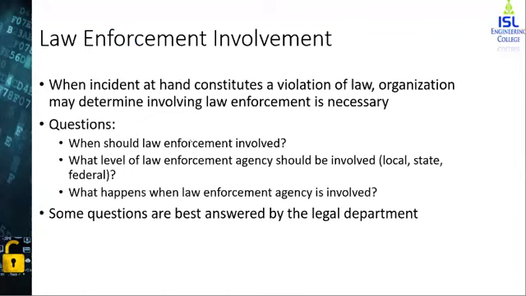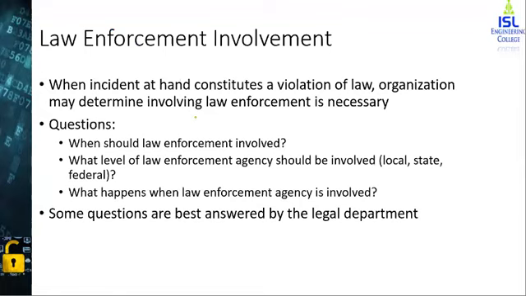The next is law enforcement involvement. Now, when an incident at hand constitutes a violation of law, there are different laws that need to be followed. If there is a violation of law, if someone is not following that particular law, then you need to have law enforcement involved so that they can properly deal with that particular violation.